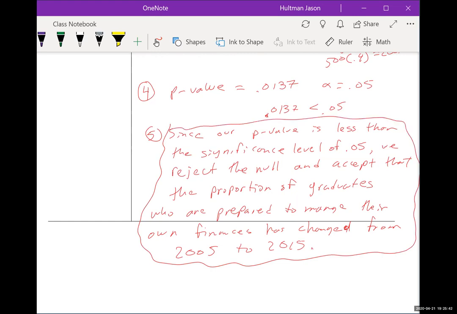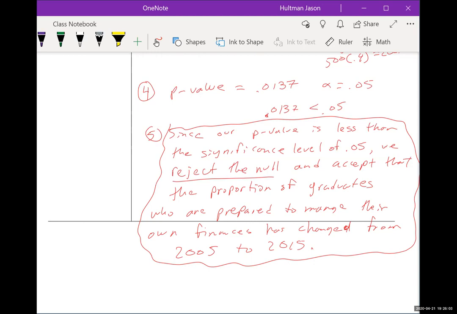Okay, don't just tell me that you reject the null. Reject the null is not a conclusion. You will get marked off for that on the exam. It has to be placed in the context of the scenario. What is the rejecting of the null telling me about the original claim?